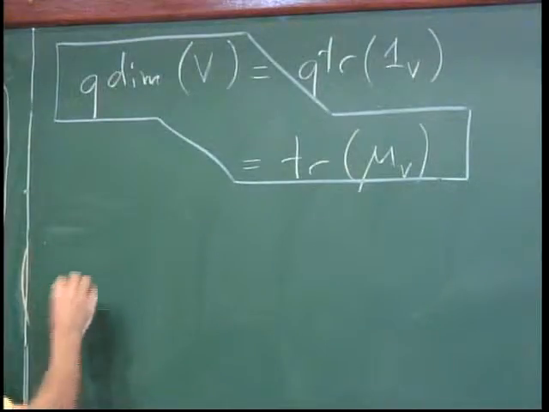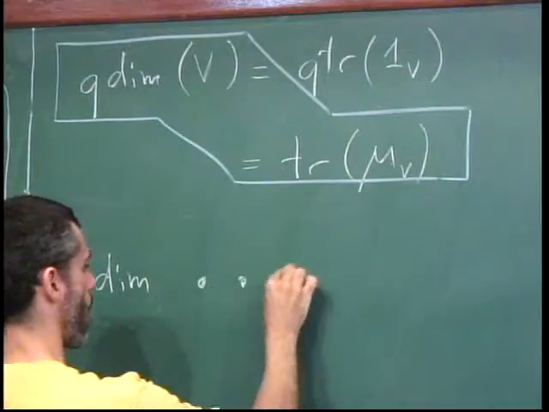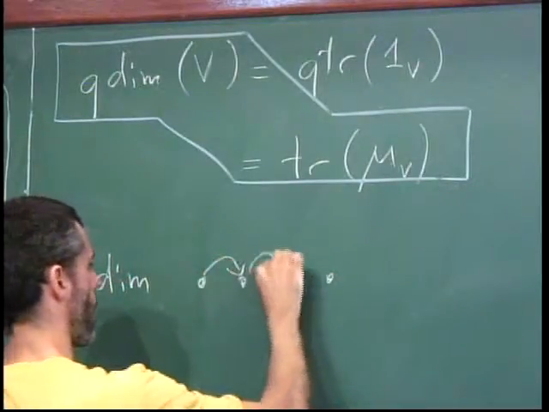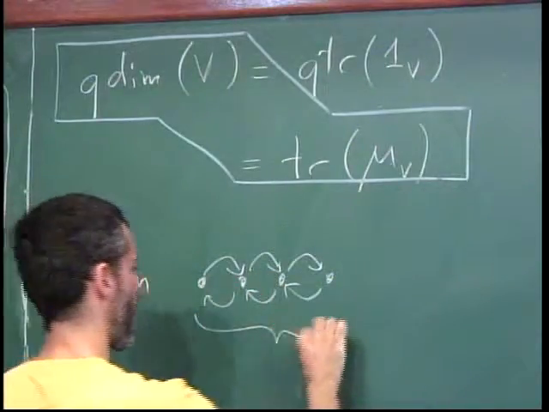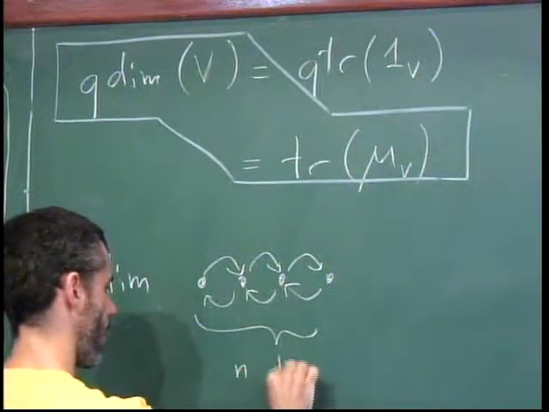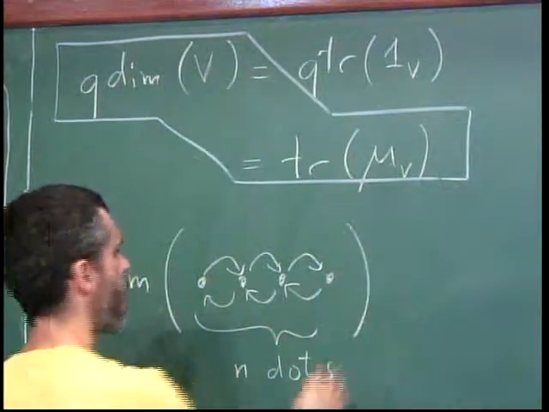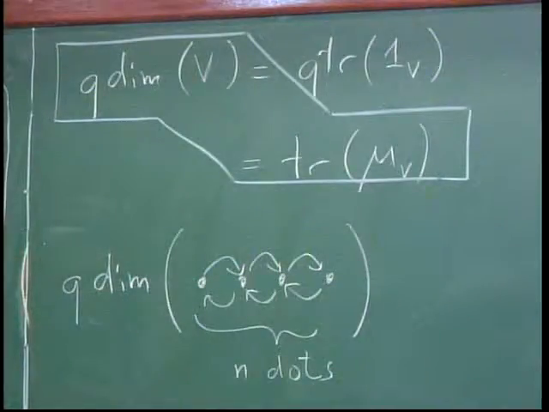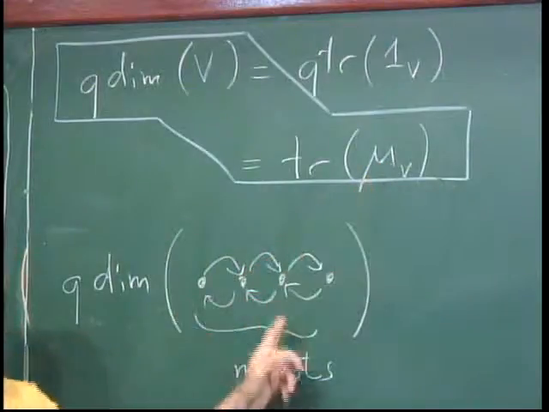In SL2, the quantum dimension of such a module, suppose that I have n of these dots. So the usual dimension is n. I need to look at mu acting on this.